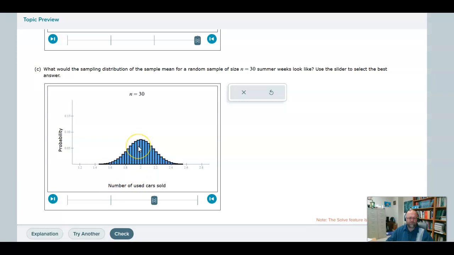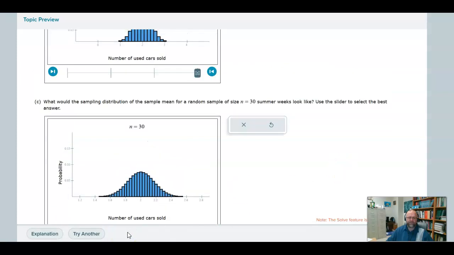Here, this is looking pretty good. It has a mean right about where we want it, the 1.8, and it starts about 1.4 and ends around 2.6. So it is squished together relative to the last one. And this one here, no, that mean is not at 1.8. So definitely going with this one.